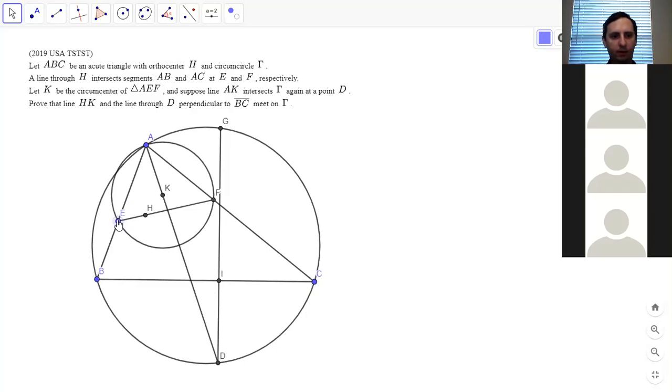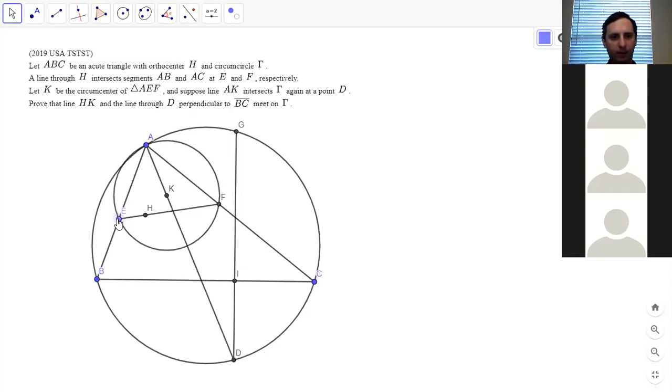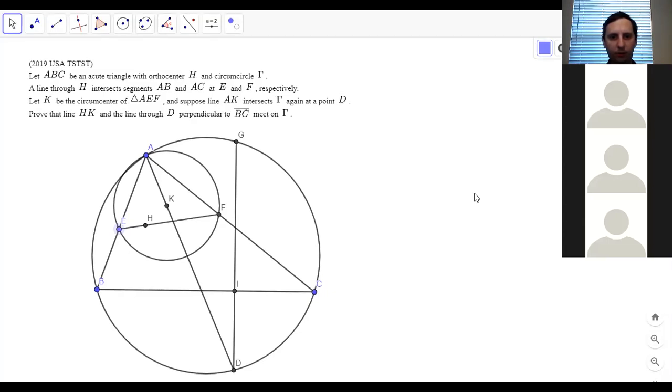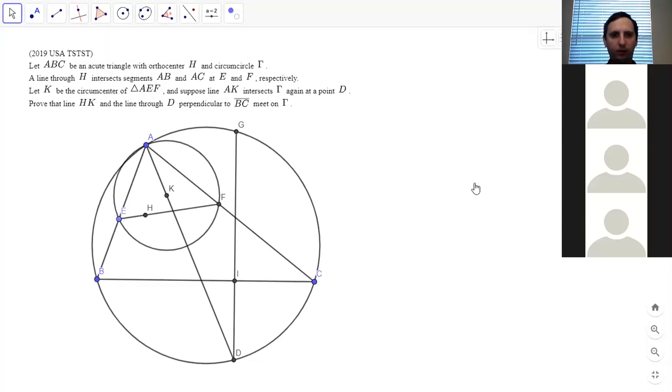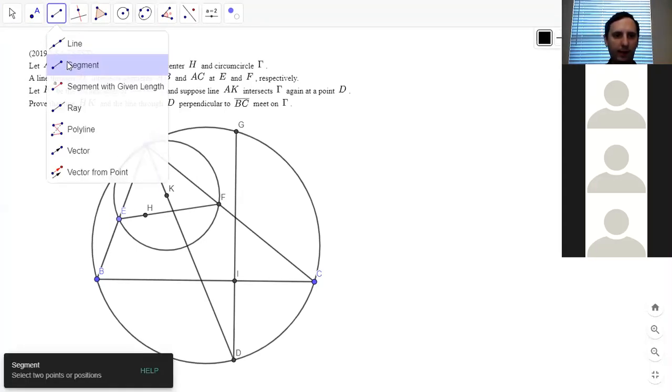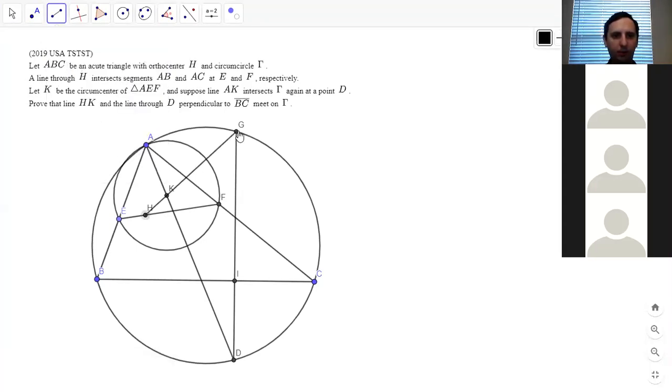I like that picture. So what if we show DG is perpendicular to BC? We could do that. We could let HK meet the circle at G. Either way works, I guess.